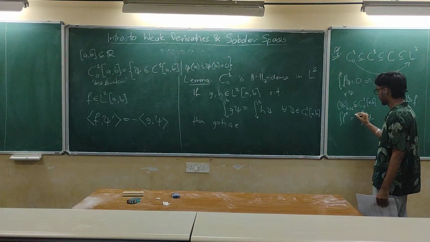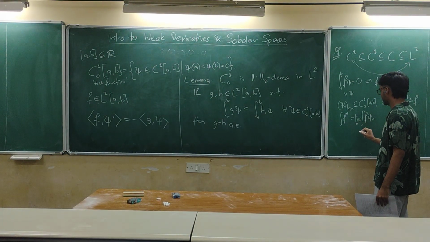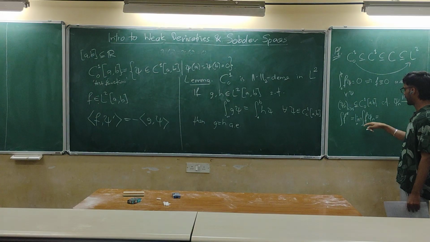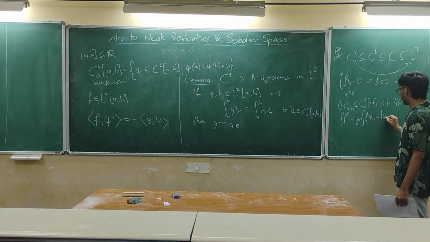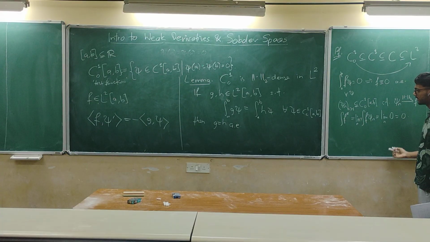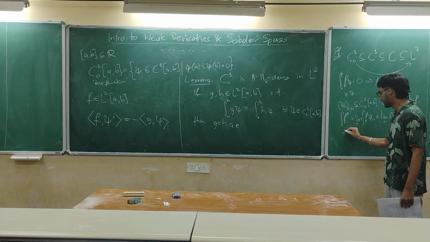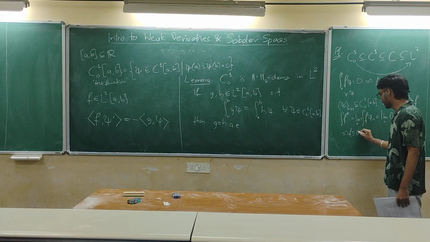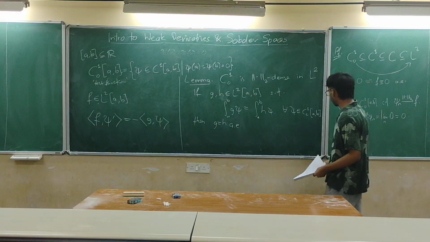I can take a limit outside since this is a bounded linear functional. And this, we know, is 0 for all test functions, so this is the limit as n tends to infinity of 0, which is again 0. And if the integral of any non-negative function is 0, then that function must be identically 0 almost everywhere. So that's the lemma proof.